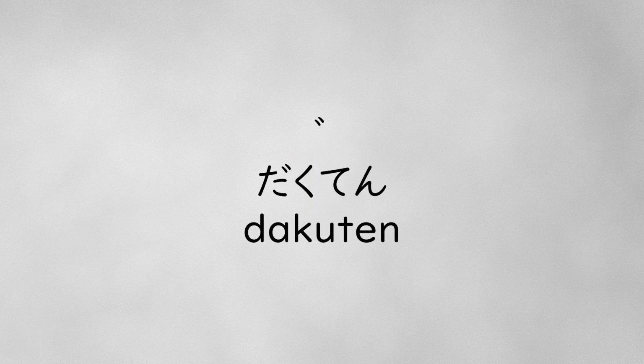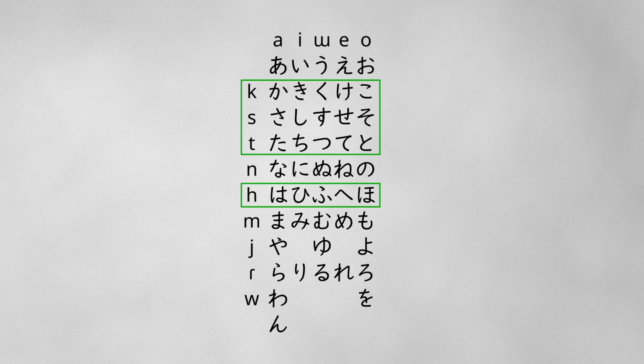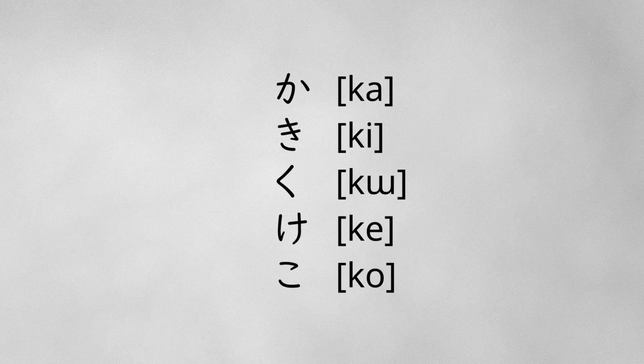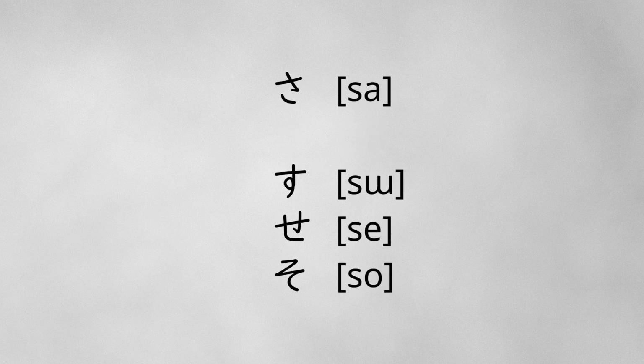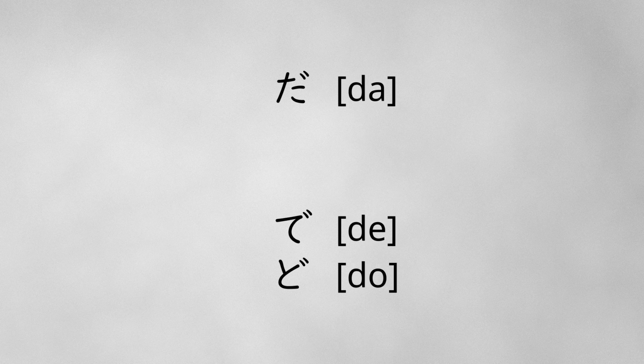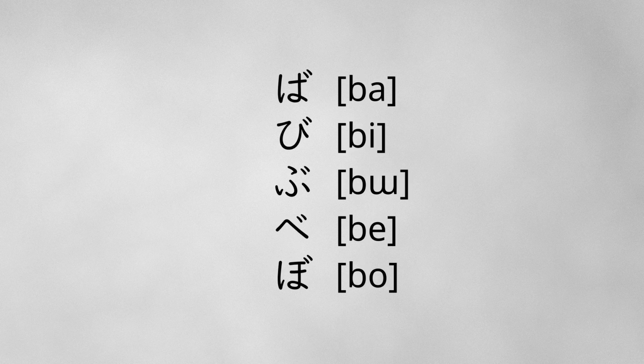Kana uses two diacritics, or sound modifiers, called dakuten and handakuten. They are written to the top right of the kana in the rows of ka, sa, ta, and ha to modify their consonants. Dakuten looks like double quotes and turns ka to ga, sa to za, ta to da, and ha to ba.